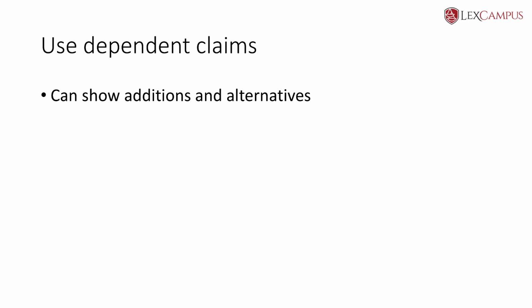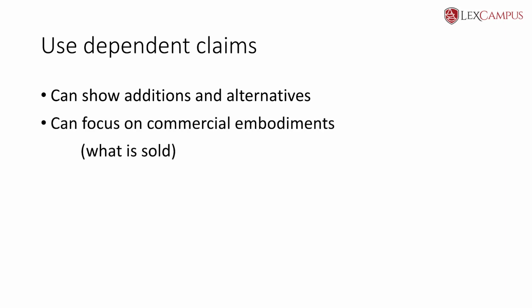Now, you could use dependent claims to show additions and alternatives to the main invention. You should focus on the commercial embodiment. The dependent claim can be used to claim what is actually sold in the market embodiment. Because in an infringement suit, if a competitor raises an objection challenging your patent or seeking a revocation of your patent, that's a defense which any infringer can take.